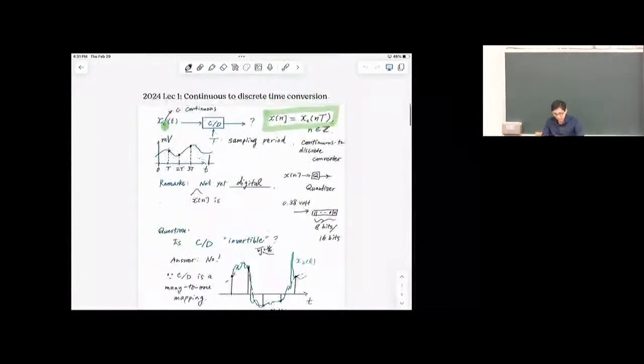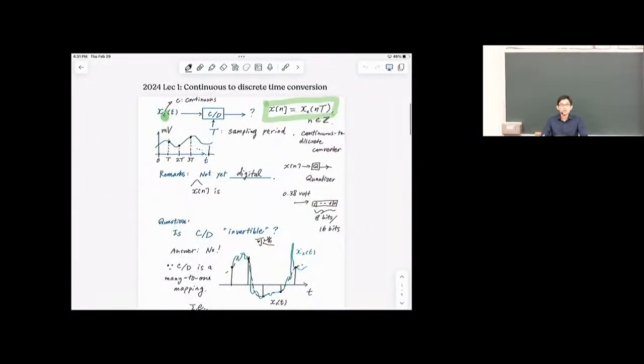So a bit of a recap. What do we have? We have a continuous time signal, and we send it through a converter, denoted as C to D. C, of course, stands for continuous.